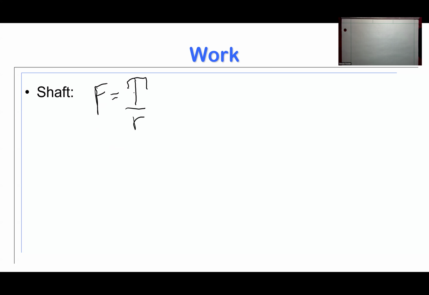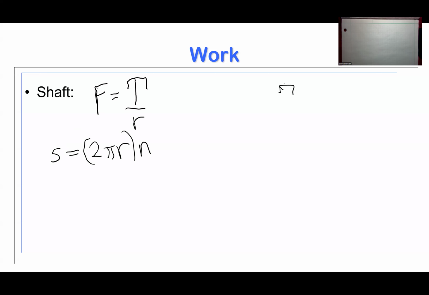And this would be the radius of the shaft. The distance traveled would be how far we travel per rotation, so 2 pi r is the distance traveled per rotation, multiplied by the number of rotations.